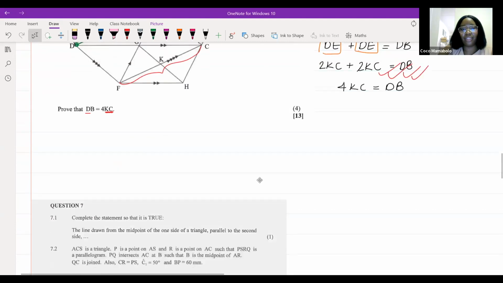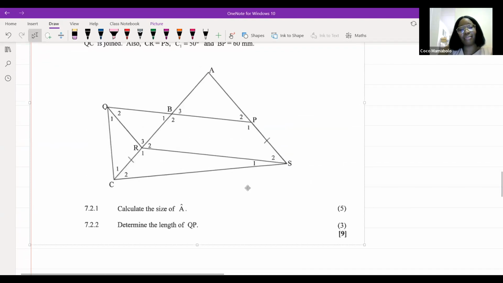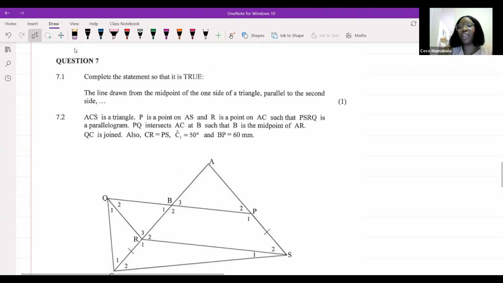Question 7. All right, this one is also a bit of a doozy, but it's all about knowing what part of Euclidean geometry this is. Who remembers? What are we looking at here?